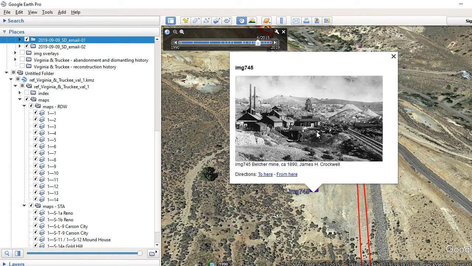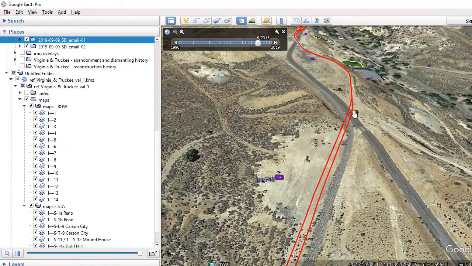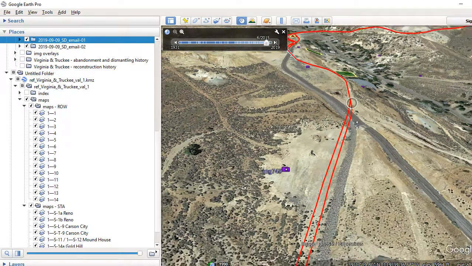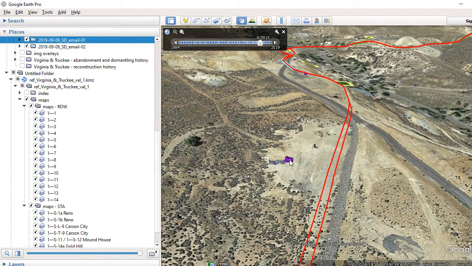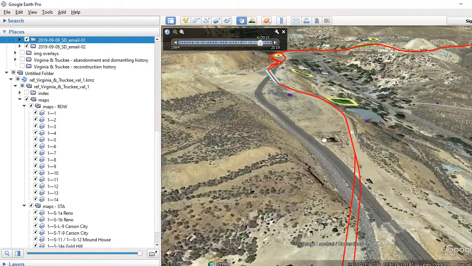So my take on all of this information together, plus the fact that there is a cut in the railroad through a bank right about there, which is not evident anymore, but on old topo maps you can see that cut, is why I placed that photo here.